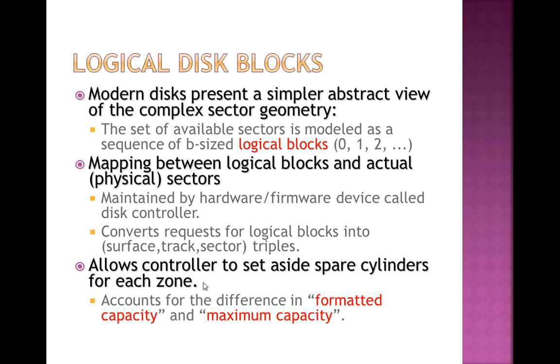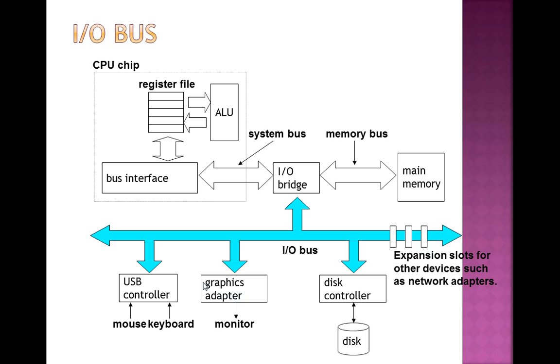Then the next point says mapping between logical blocks and actual sectors is maintained by the hardware and firmware device known as the disk controller, that converts the request for the logical block to the triplets. Then the next point says it allows the controller to set aside spare cylinders for each zone.